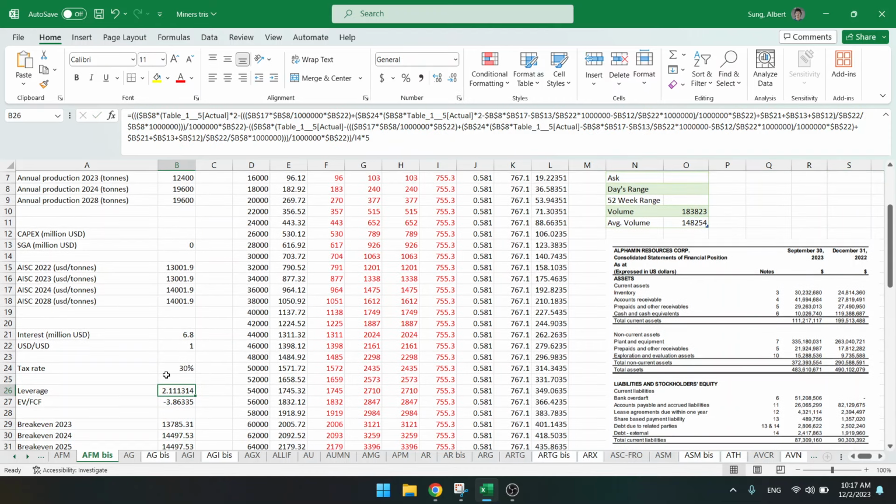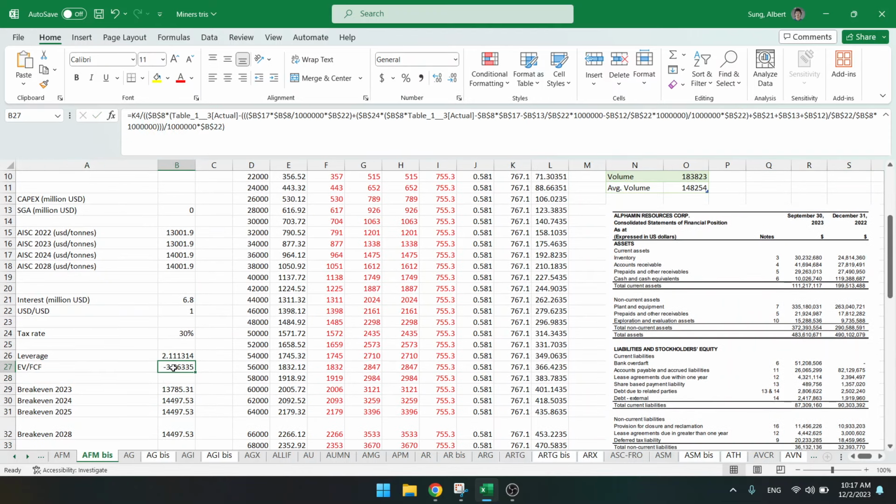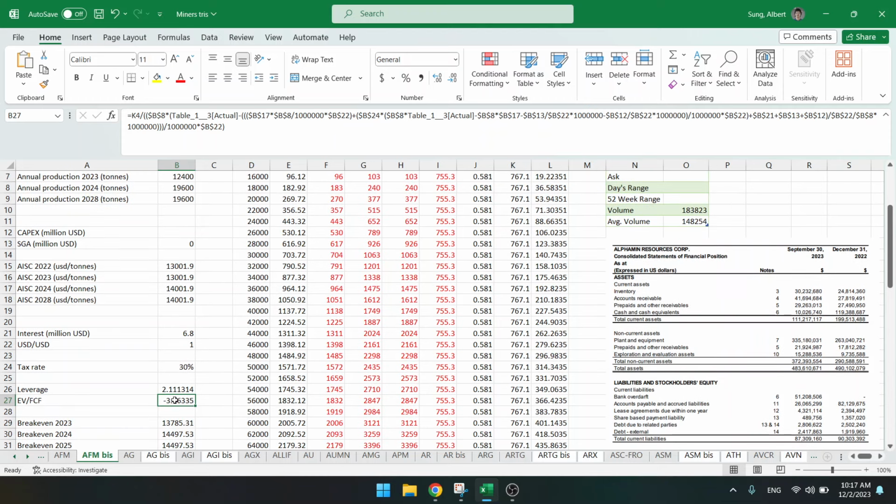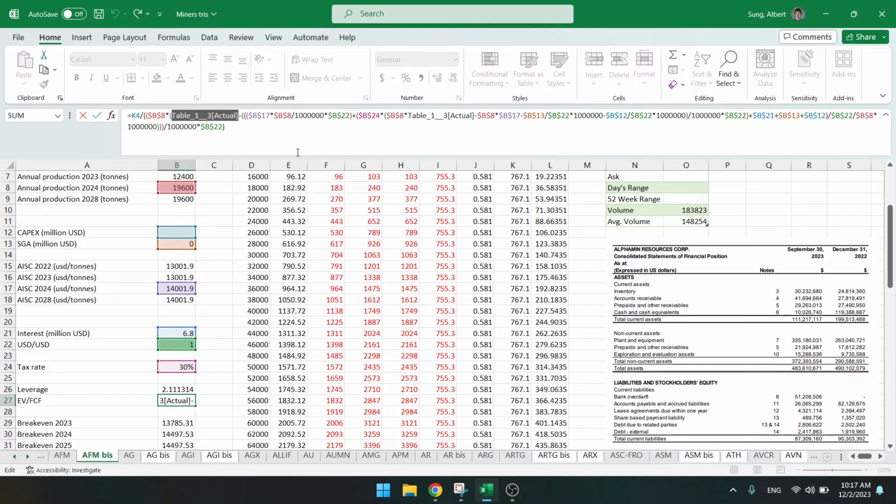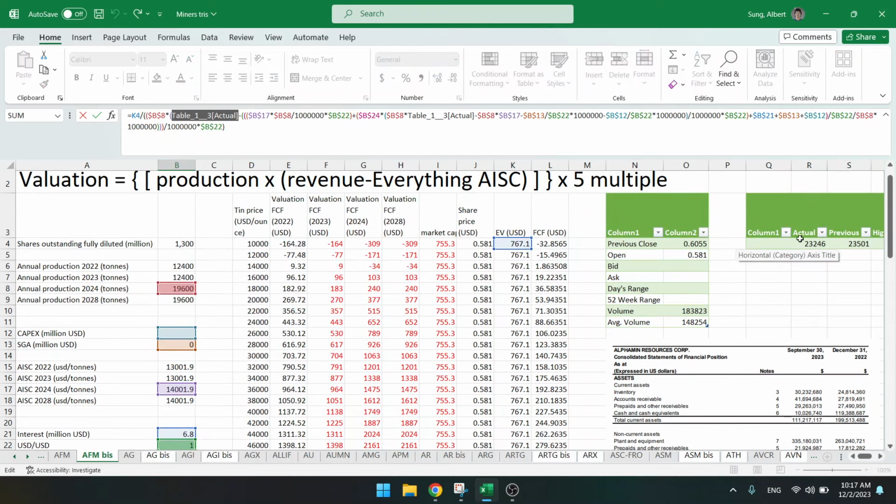Okay, 2 times leverage for Alphamin. Let's look at the EV to free cash flow. We still need to take into account the ownership, of course, but let's put this already. We need to correct the tin price.